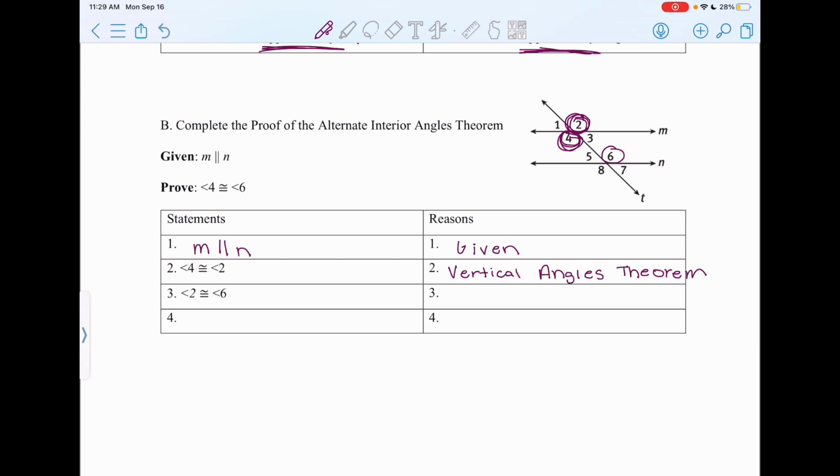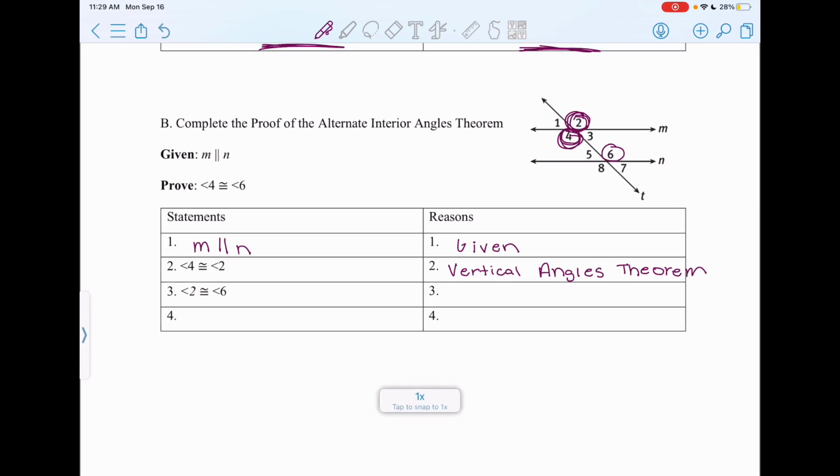And then it says that angles 2 and 6 are congruent. And I know that 2 and 6 are congruent because those are corresponding angles. That's the corresponding angles postulate. And if 4 is congruent to angle 2, and angle 2 is congruent to angle 6, this must mean that angle 4 and angle 6 are congruent by the transitive property.